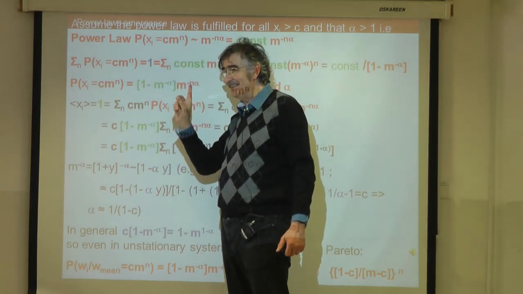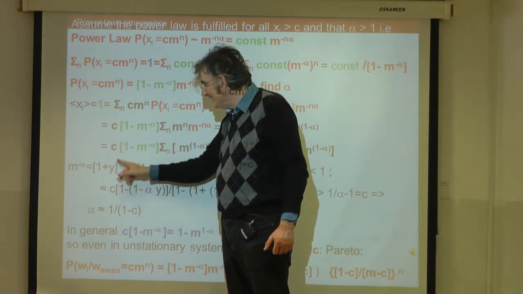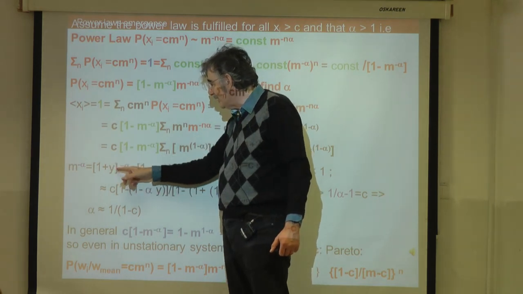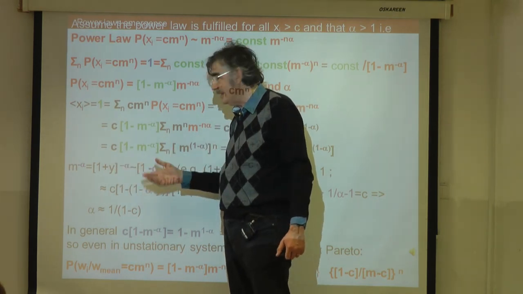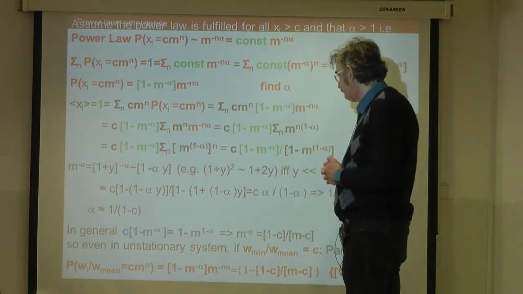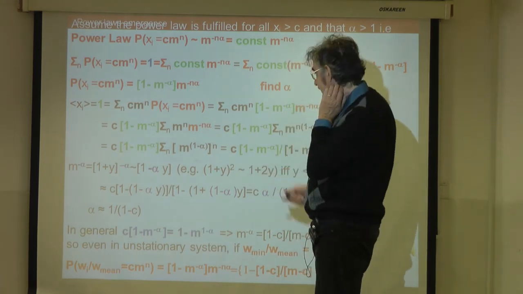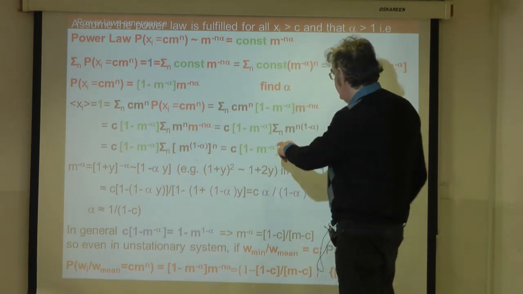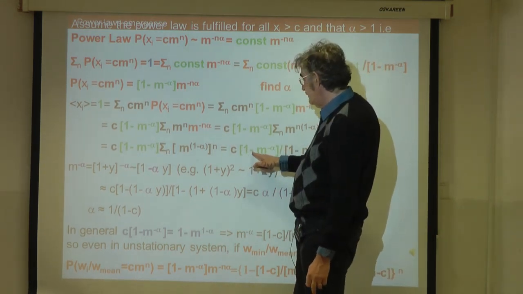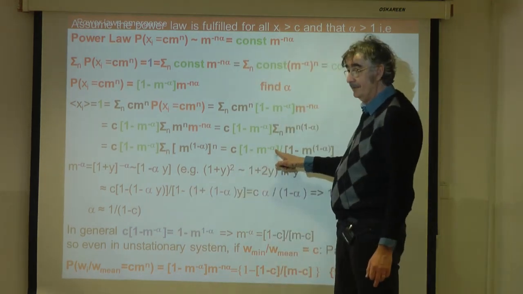Now you know what I mean when I say that I call minus alpha n: I've proved the formula that 1 plus y to the n is equal to 1 plus ny. And now if it is to the minus alpha, it's 1 minus alpha y. And I remind you how we did it. So here I will have 1 minus alpha y in place of m to the minus alpha.